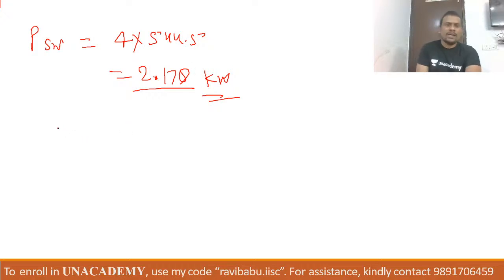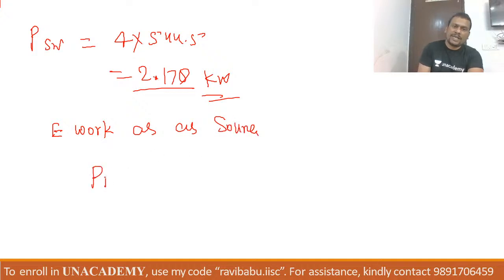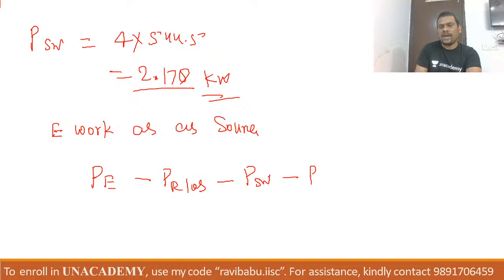So see beta, the battery E will work as a source in our case. Battery E will work as a source. Please mind it, the battery power PE minus resistive loss minus switching loss minus inductor average power should be equal to the supply power.